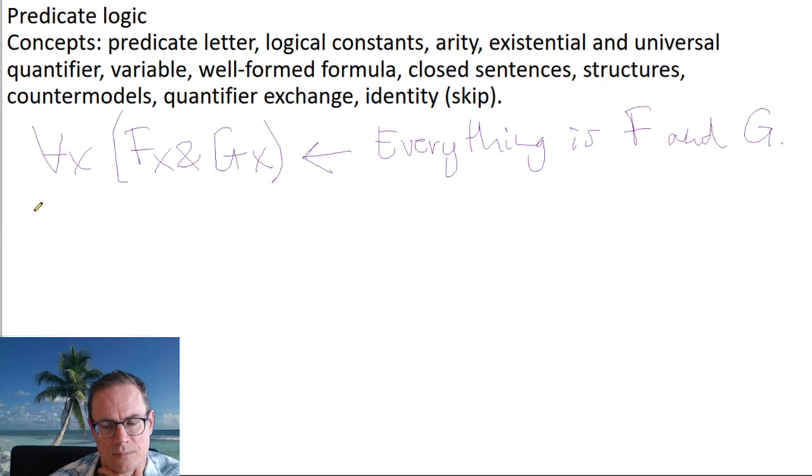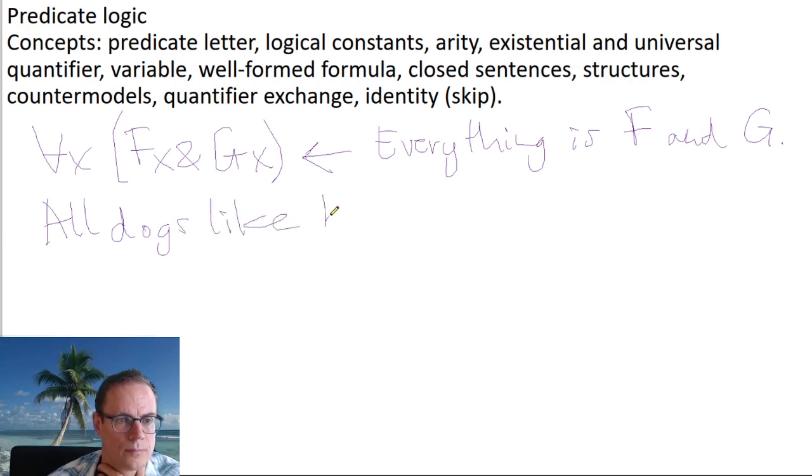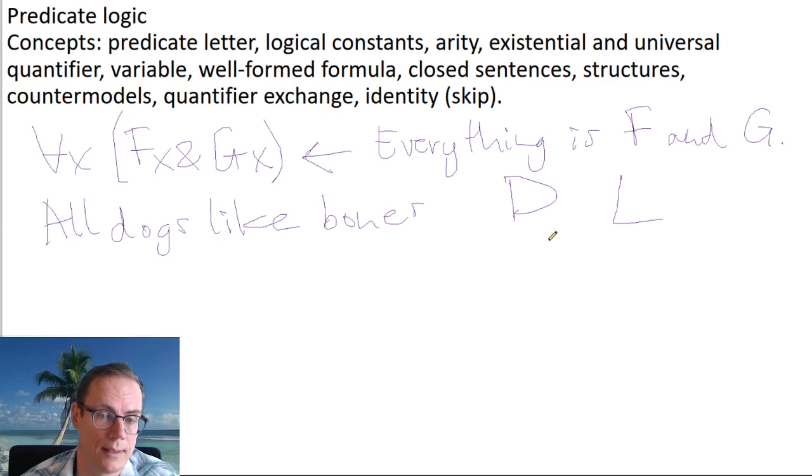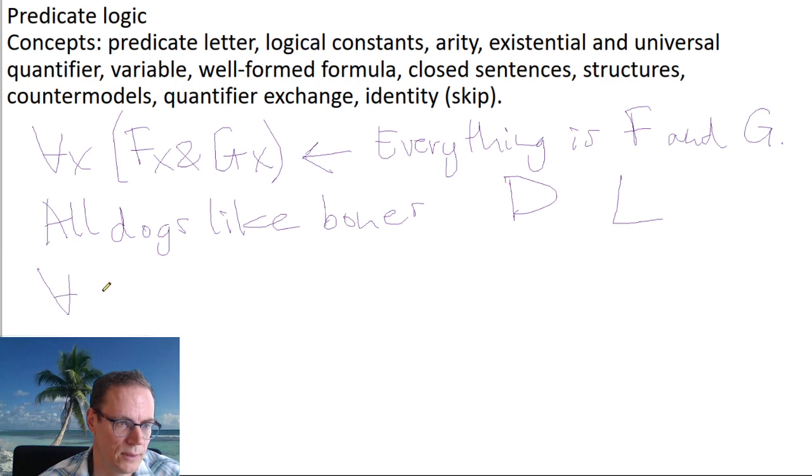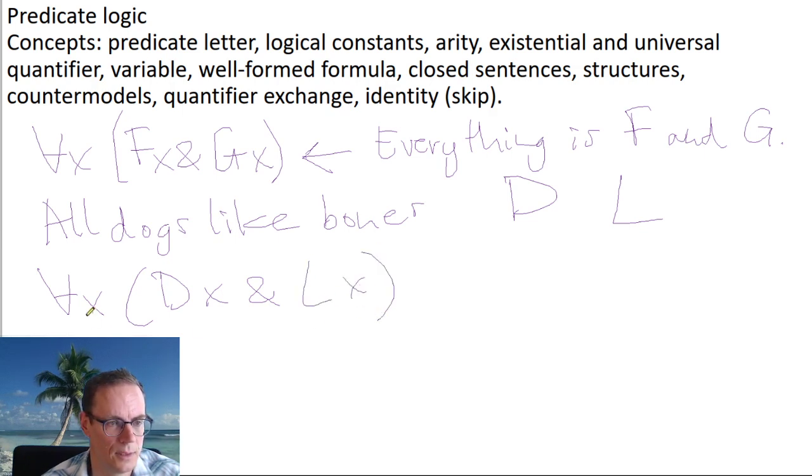Okay, now suppose I want to say all dogs like bones. And suppose that capital D expresses the property of being a dog, and liking bones is expressed by the capital L. Initially you might think, oh, well, we can just say for all x, x is a dog and x likes bones.